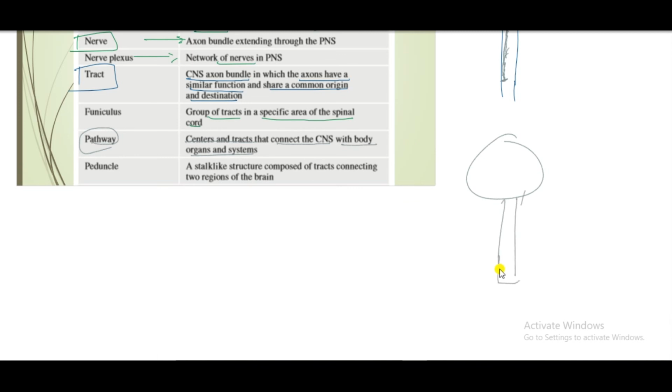And pathways are the centers and tracts that connect the central nervous system with the body and organs. That is the pathway. Brain and spinal cord and other body parts. From the receptor, the stimulus is coming, and we have the peripheral nervous system, and we have a special conducting system which transmits the impulse to the central nervous system.